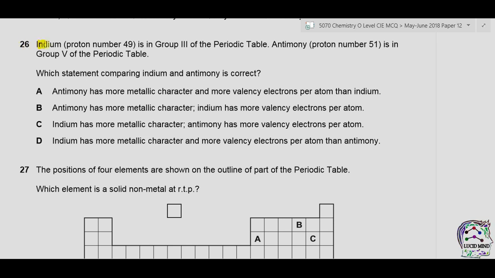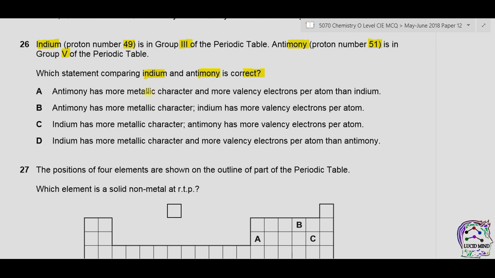Question 26. Indium, which has proton number 49, is in group 3 of the periodic table. Antimony, whose proton number is 51, is in group 5 of the periodic table. Which statement comparing indium and antimony is correct? Part A. Antimony has more metallic character and more valency electrons per atom than indium. Now metallic character depends on the size of the atom.